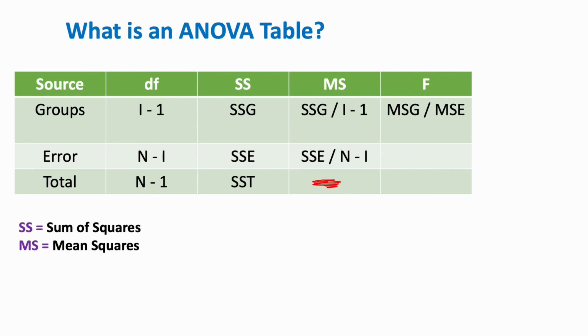And then over here, we are going to calculate our F statistic. So normally in basic statistics, we're always calculating that test statistic. And in the case of when we have two or more populations, we can calculate our F statistic. And our F statistic is going to be our MSG, which is right over here, divided by our MSE, which is right over here, and we'll get our F statistic.